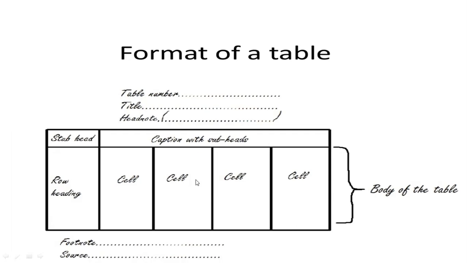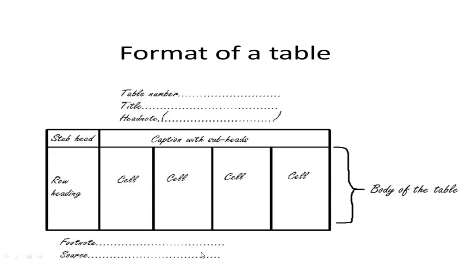Footnote: if you want to give any information regarding the table, you write it here. And if you have used secondary data, or taken data from somewhere else, you write the name of the source from where you took the data. This is the format of the table.